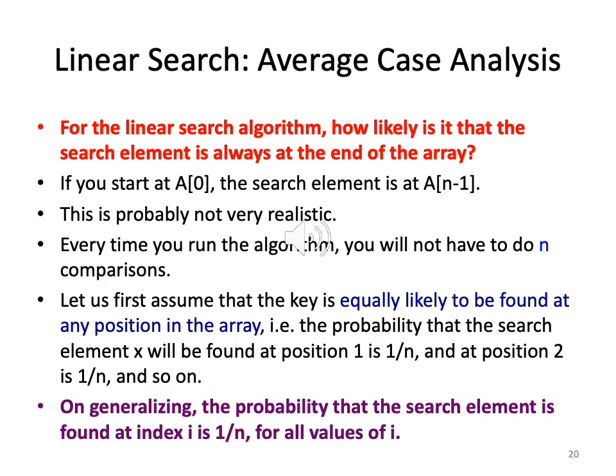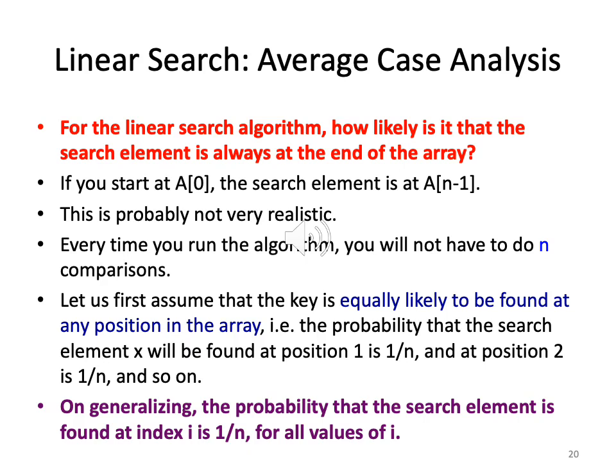So let's look at the average case. First, let's assume that the key is equally likely to be found at any position in the array. Let's say it's a 10 element array, A0, A1, A2, A3 going up till A9.